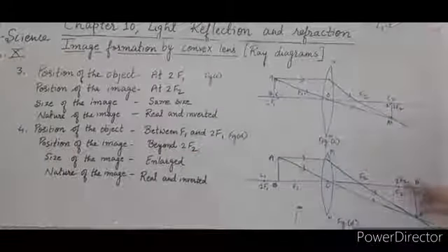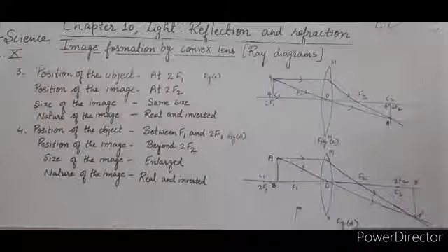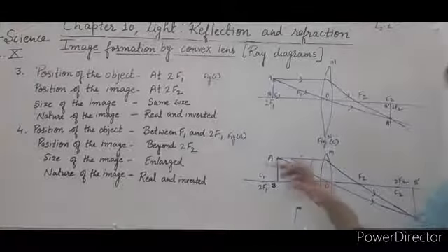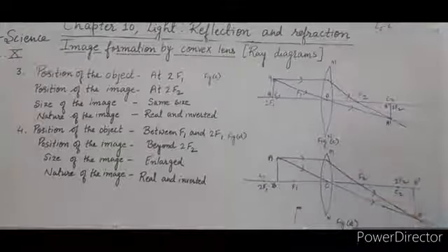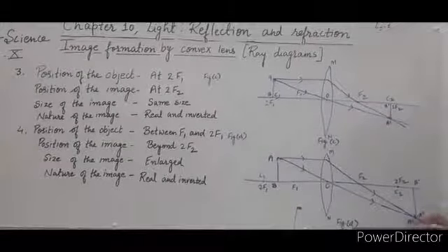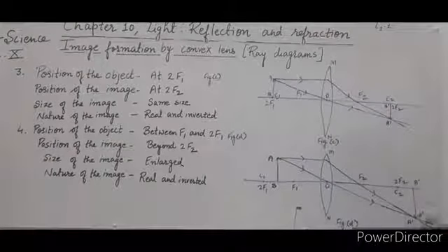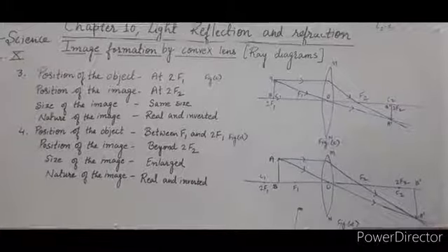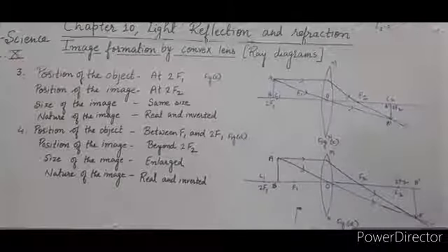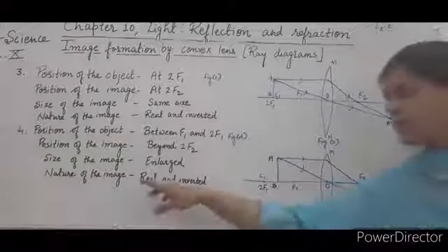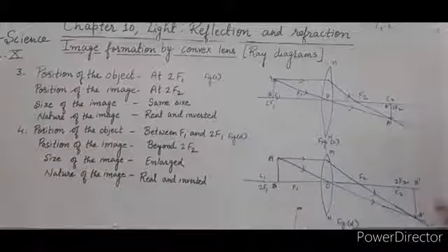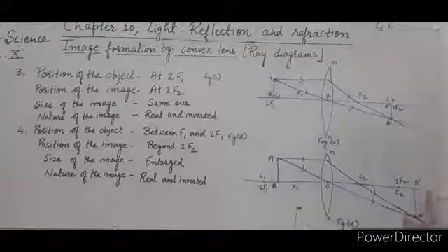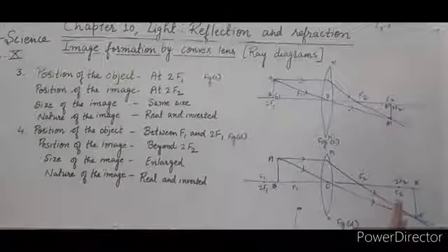The size of the image is enlarged as compared to the object. A dash B dash is our image. Now the nature of the image: it is real and inverted. So a real and inverted image is formed in this case also.